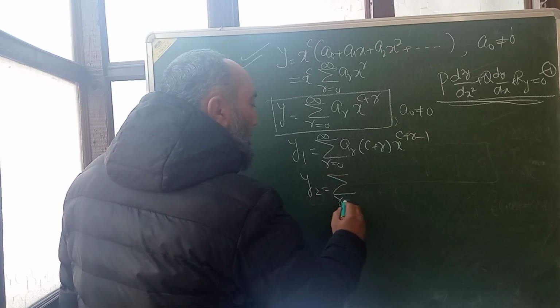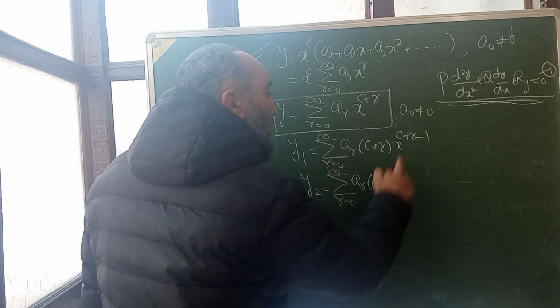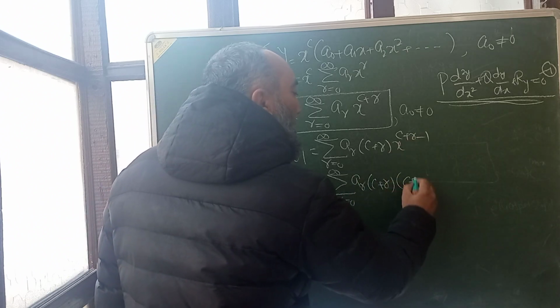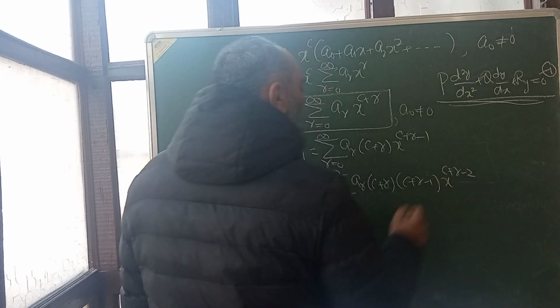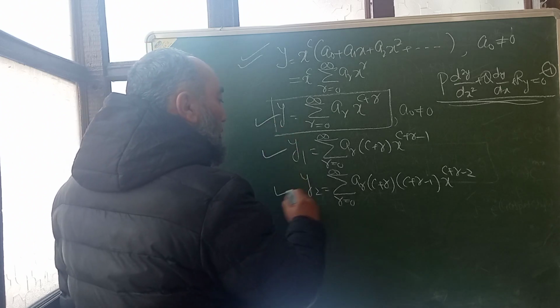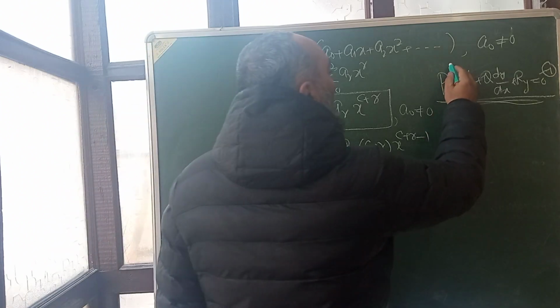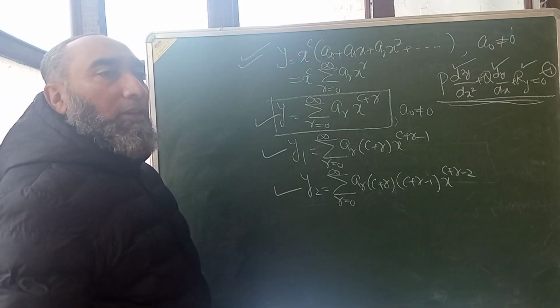Summation r running from 0 to infinity a_r (c plus r) (c plus r minus 1) x raised to the power c plus r minus 2. So when I know y, y1 and y2, I substitute these values in equation 1. I will get a series.